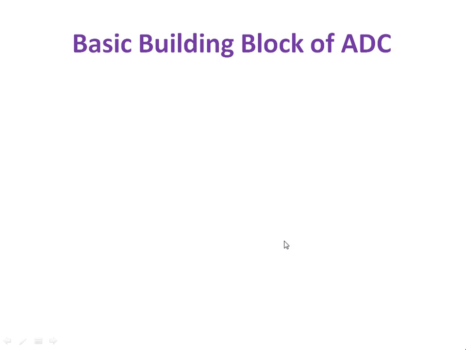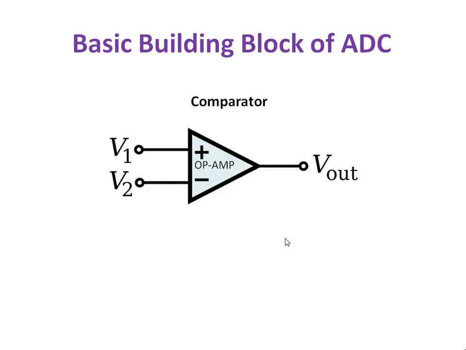So what is the basic building block of ADC? The comparator, it is the heart of your ADC. What is a comparator? It compares two values, it compares two voltages. Generally, an operational amplifier acts as the comparator. Your op amp has a non-inverting terminal and an inverting terminal.